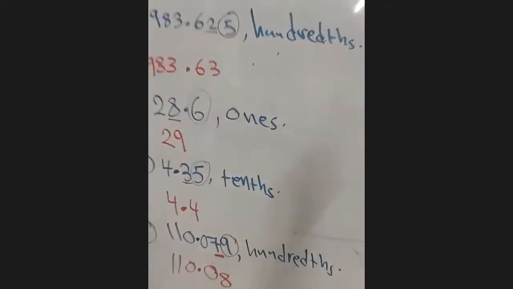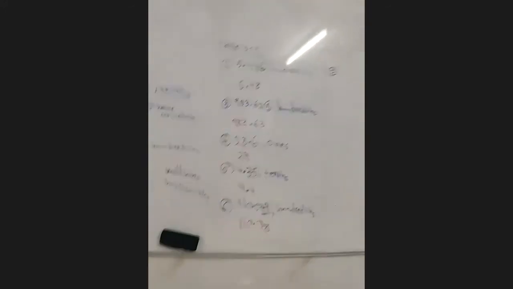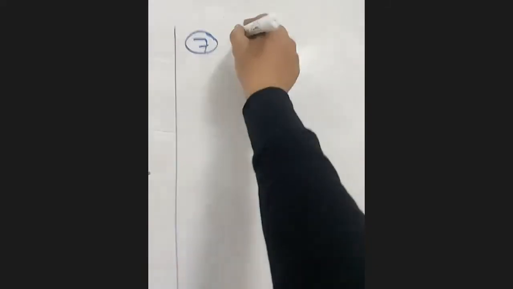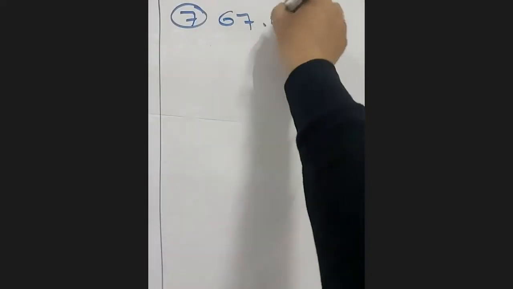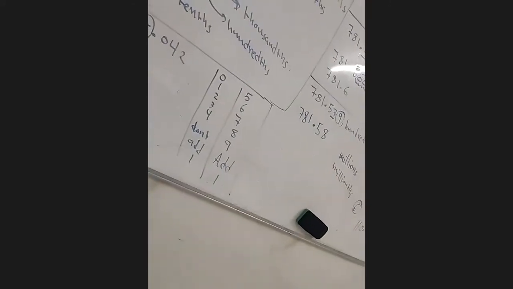Question 7, we have 67 decimal 142 for the ones.